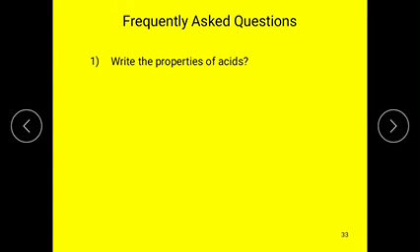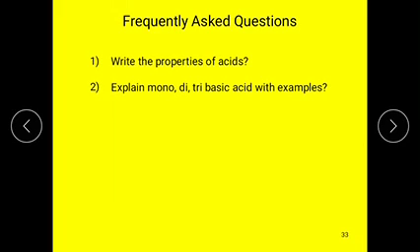Okay, in this topic, the most probably asked questions are: write the properties of acids, write the properties of bases, and explain about the mono, di, tribasic acids with examples.